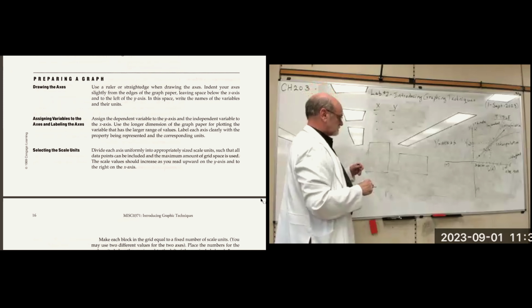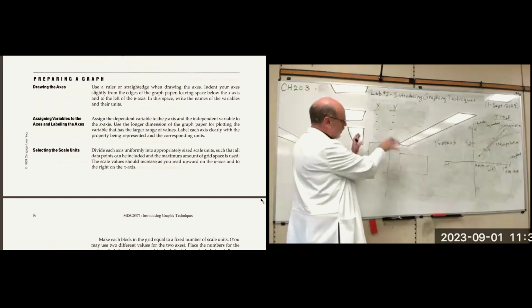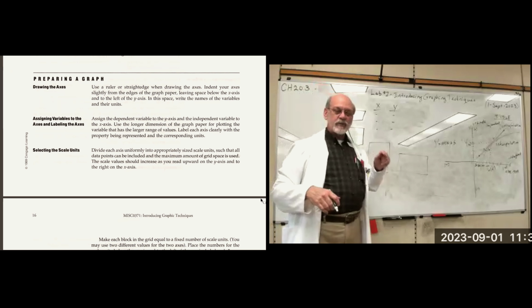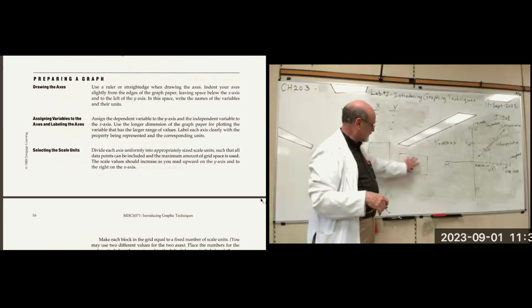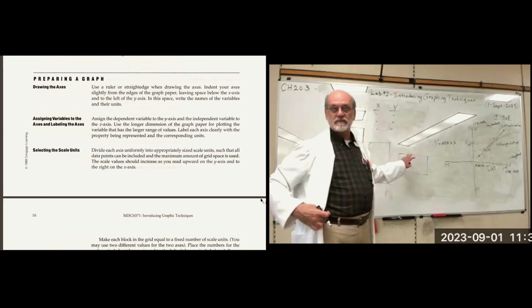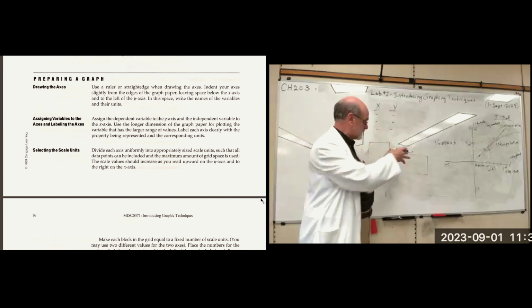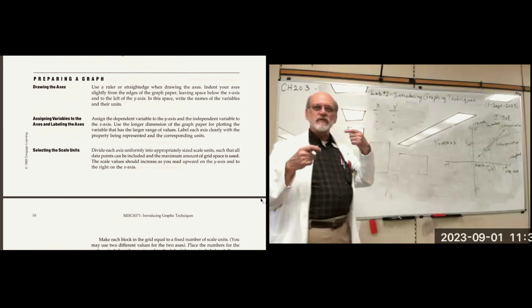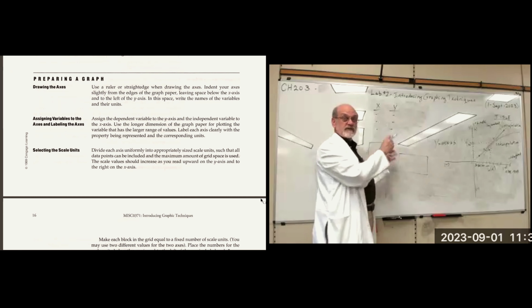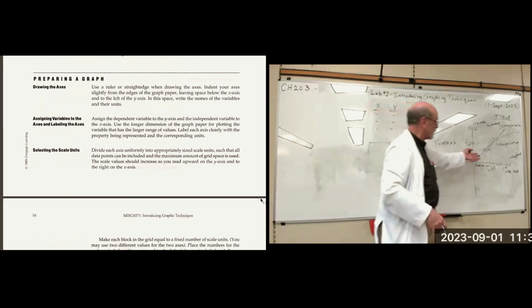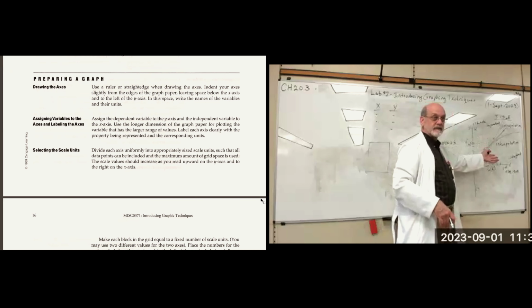So which way do you orient it? Well, the guiding principle is you want to use the space to the maximum possible. Spread your data out in that space so that it's easier to see differences and go back and interpolate or extrapolate if necessary.